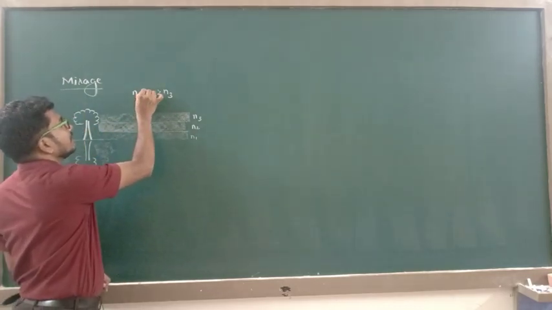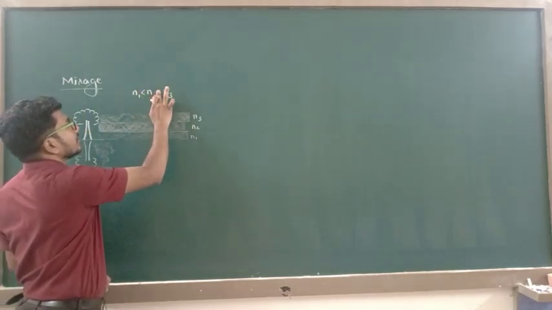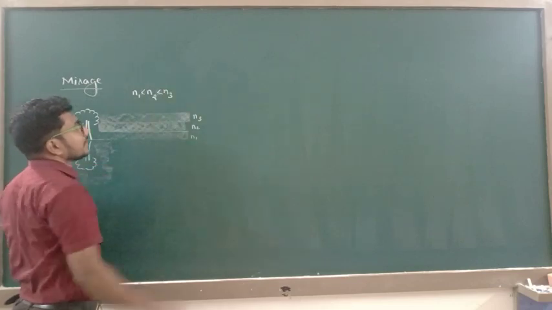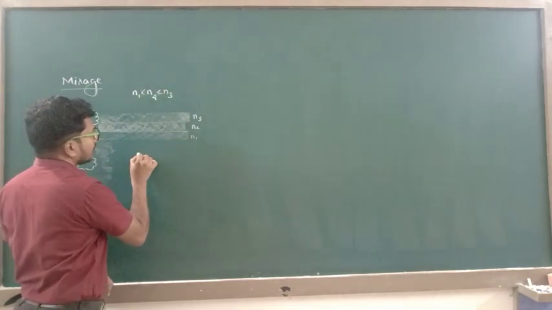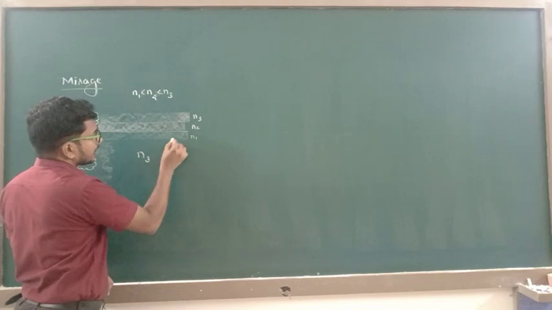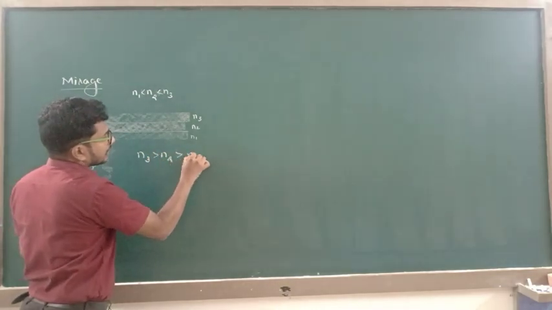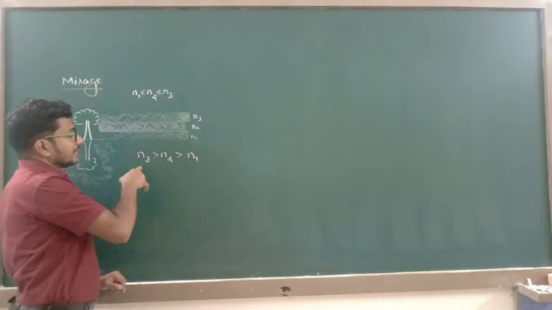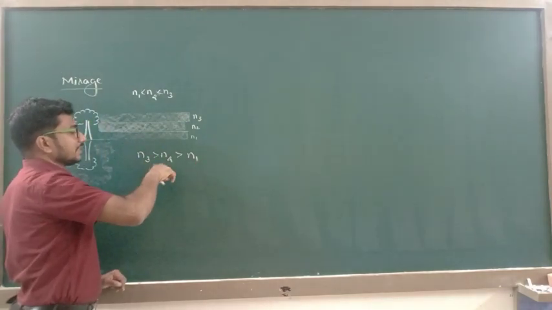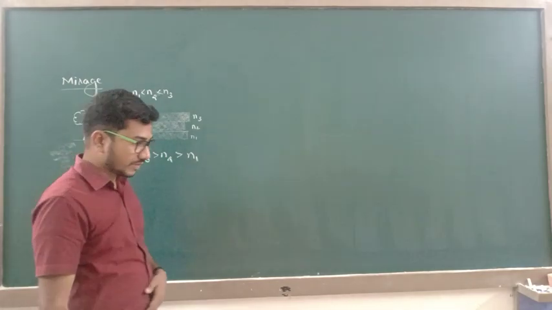N1 less than N2, N2 less than N3, or N3 is greater than N2, N2 is greater than N1. Denser, rarer, denser, rarer, like this.